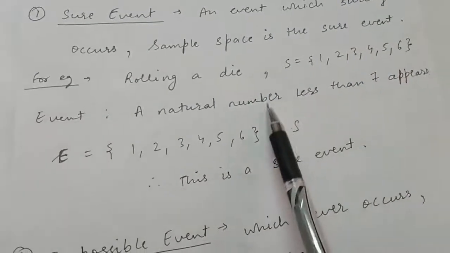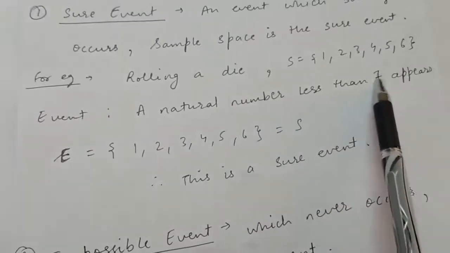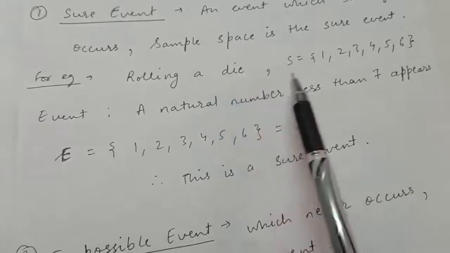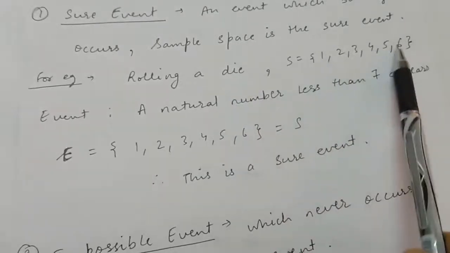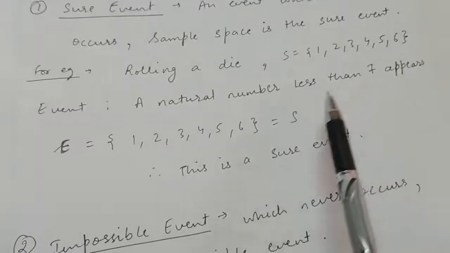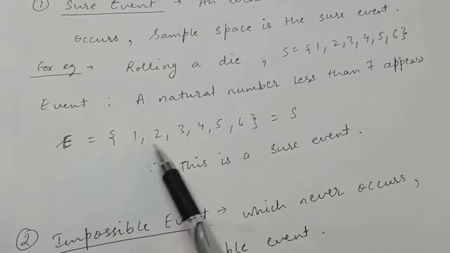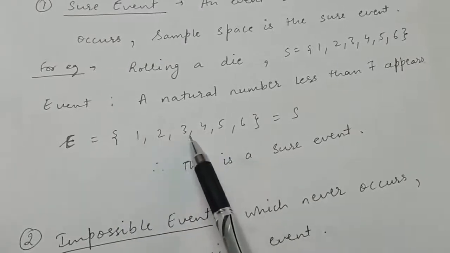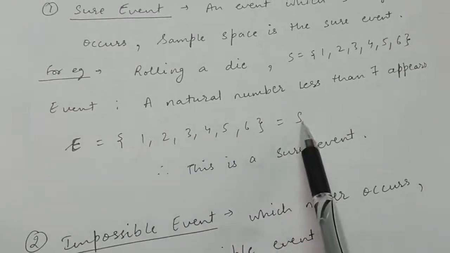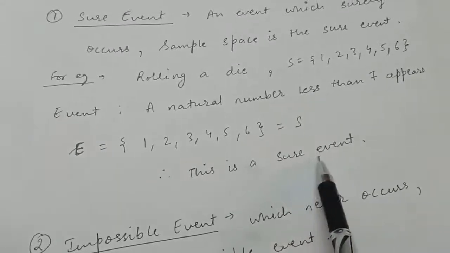If this event is given, a natural number less than 7 appears. So when you roll a die, the numbers which can appear are these. All of these are less than 7, right? So this event will include these numbers, which is nothing but S, and because it is equal to the sample space, this is a sure event.